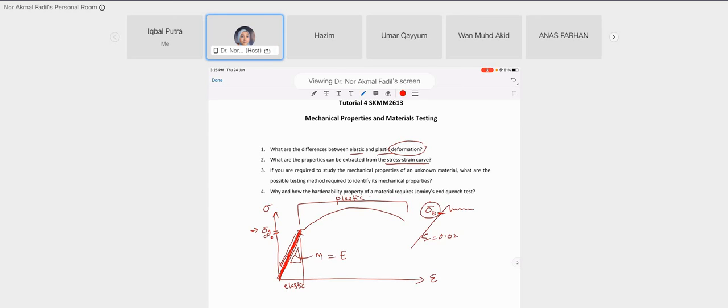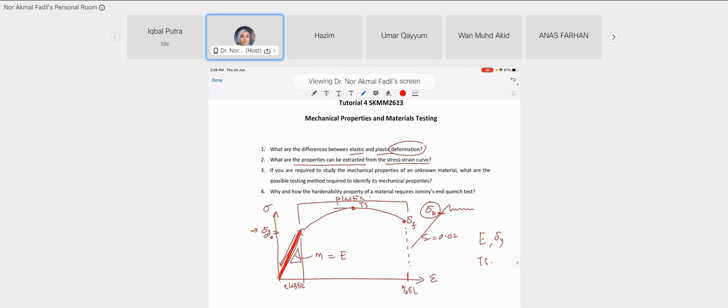Okay. What are the properties that can be extracted from the stress strain curve? One is the Young modulus, yield strength, tensile strength. This is the tensile strength, the maximum limit. Fracture stress, the fracture strength value. What else? Ductility.